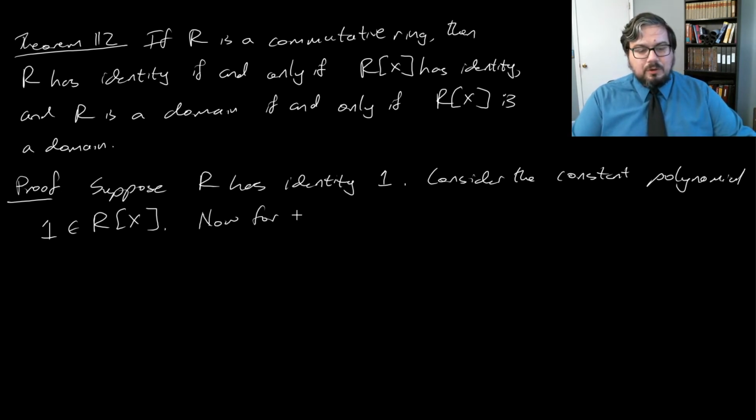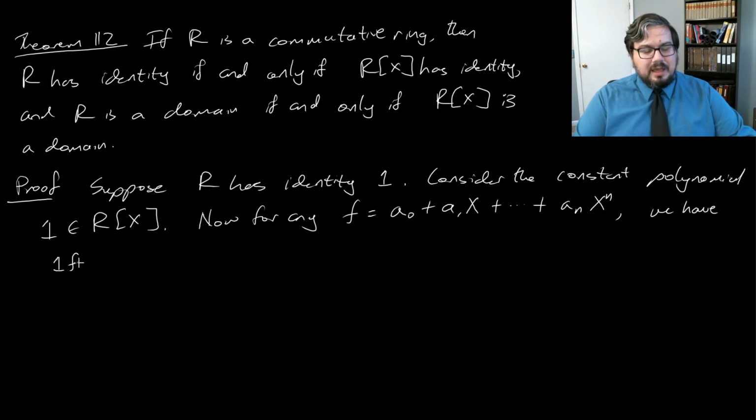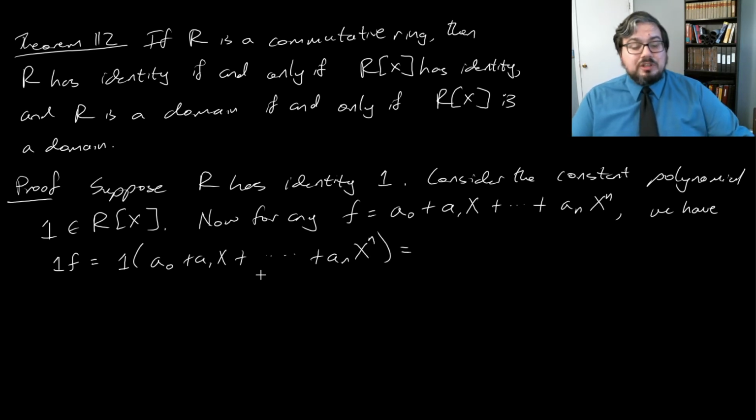So now for any f, which is given by a0 plus a1x plus and so on plus an x to the n, we have that 1 times f is equal to 1 times a0 plus a1x plus up to an x to the n. And then when we actually go to multiply these things out, you can go back to the definition of multiplication of polynomials if you need to, and we do need to for some complicated theorems.